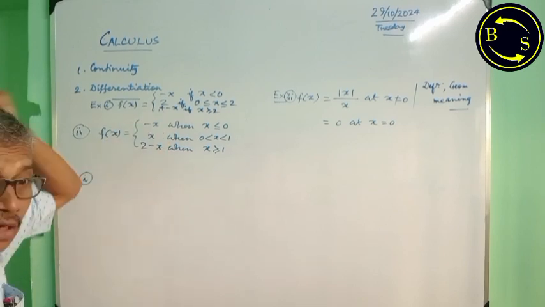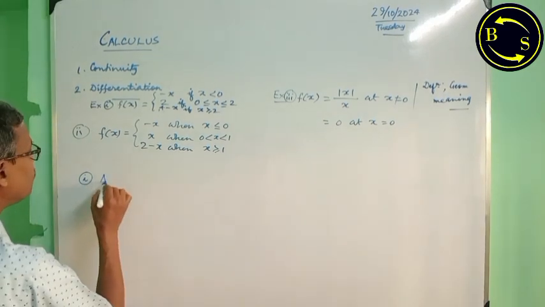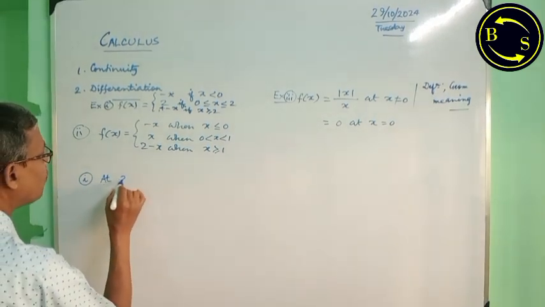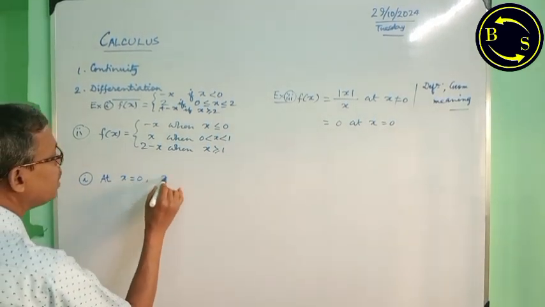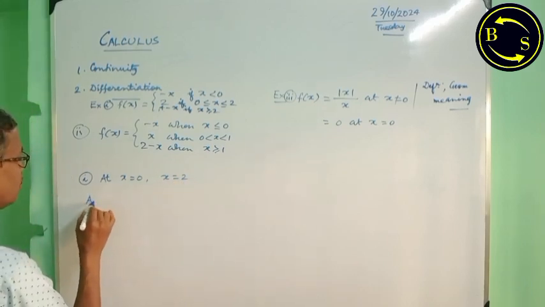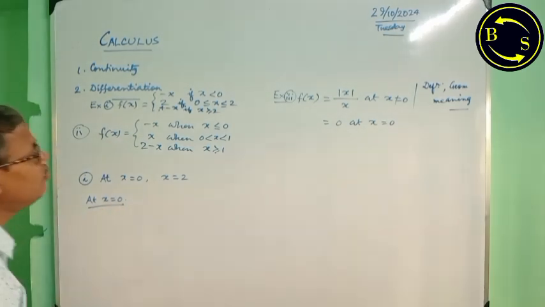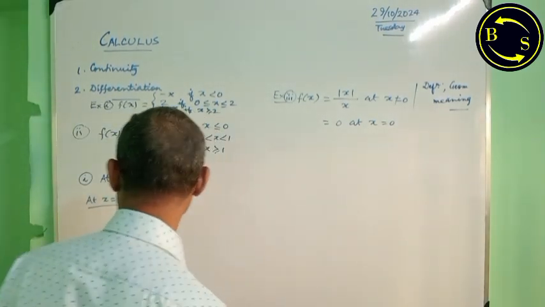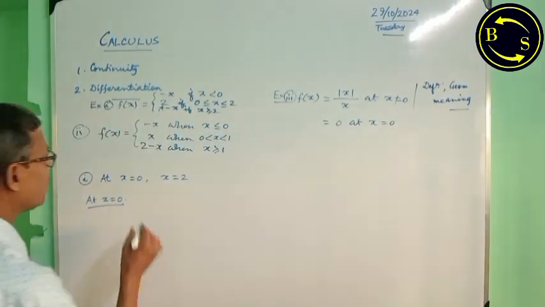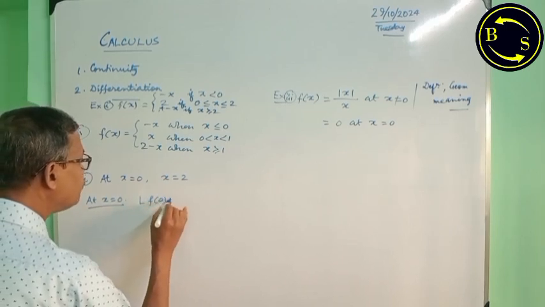We have to discuss the continuity of the function at x equal to 0 and x equal to 2. First we consider x equal to 0. Now first we calculate LF(0).